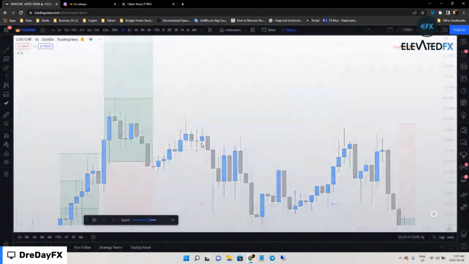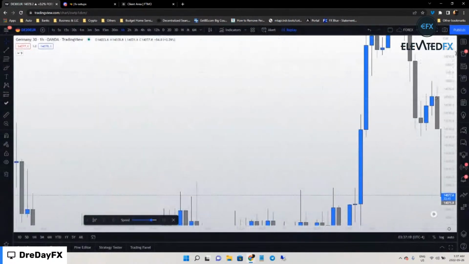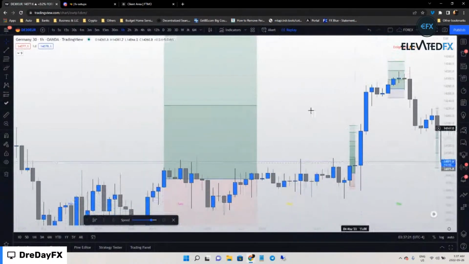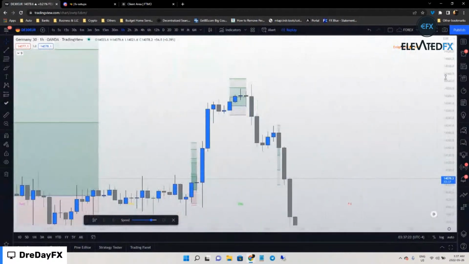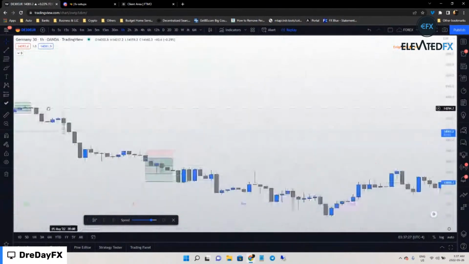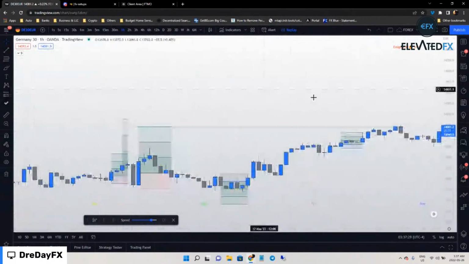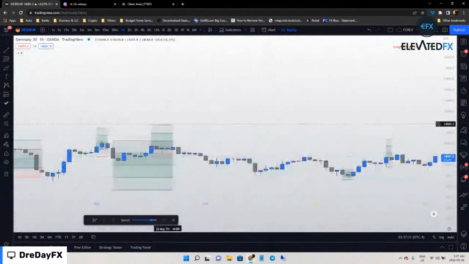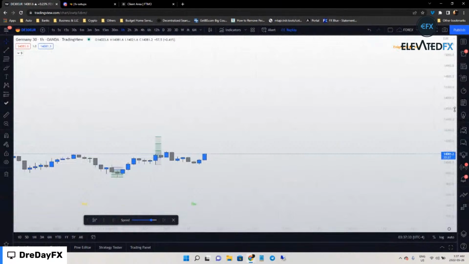I usually trade it on my phone, so as you can see, it does work on any indices here. So let's go back. Let's go in front.